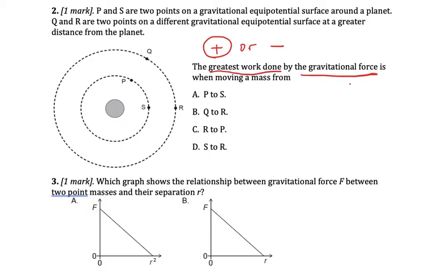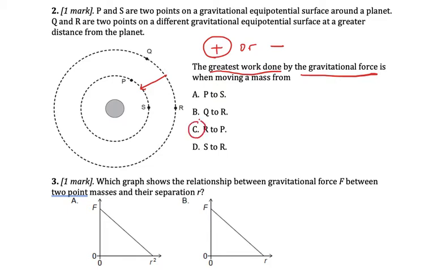That is when the movement is in the direction of the gravitational field. So we're looking for the answer that goes from the higher level to the lower level, because the gravitational field is attractive. When we move in the direction of the field, it is doing positive work, and we're looking for the greatest one, so the positive one.